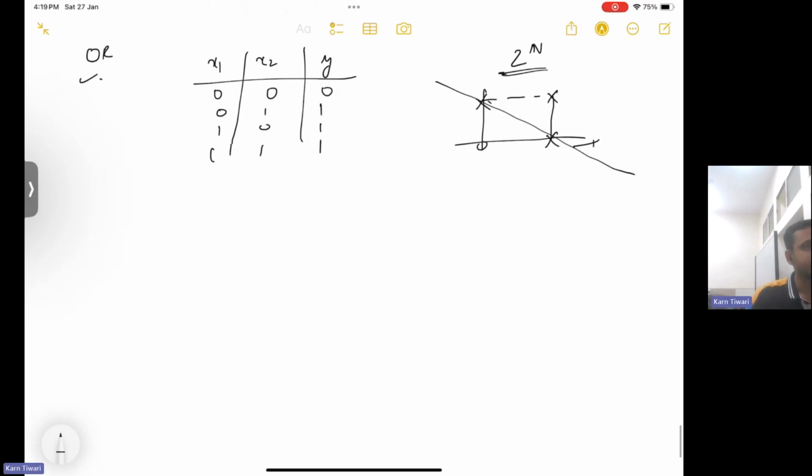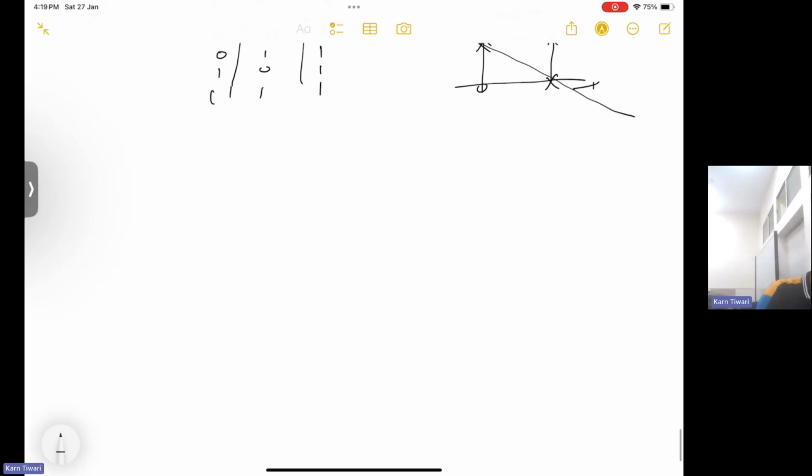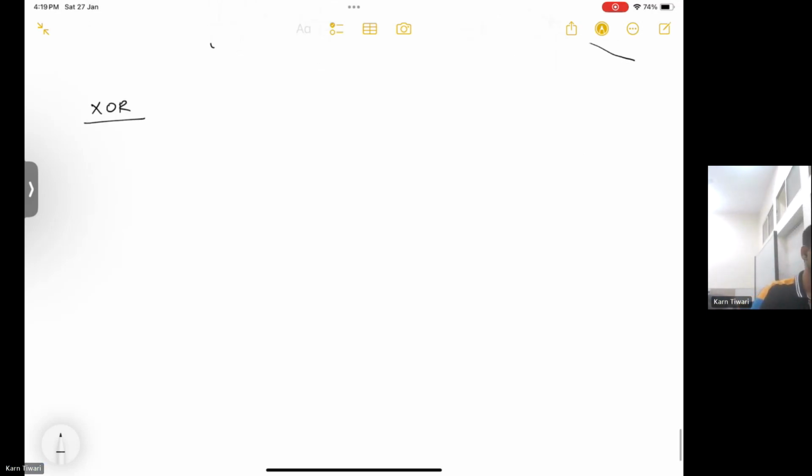But two other gates have also been given, so let me write the truth table for those as well, because it might be helpful in the upcoming questions. The question gives the XOR gate.